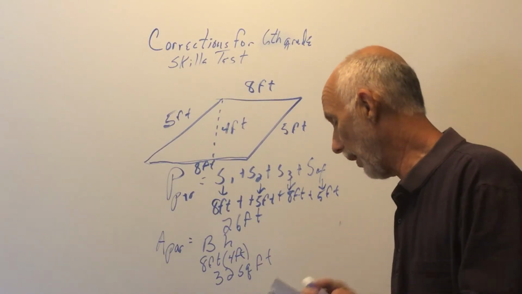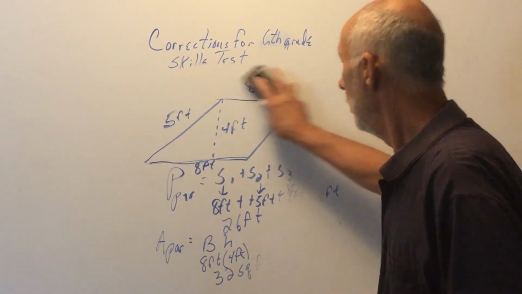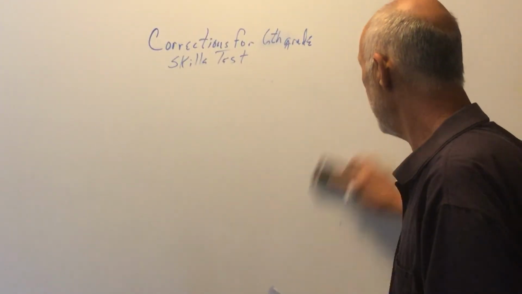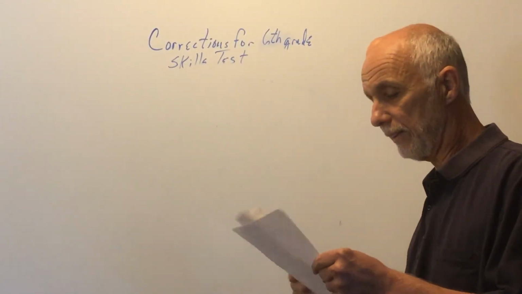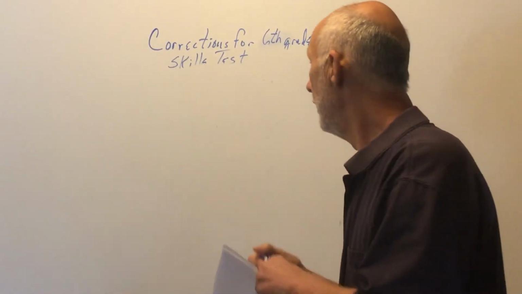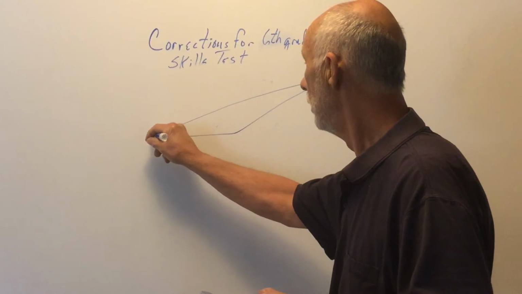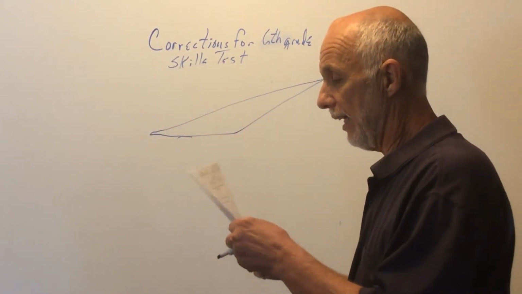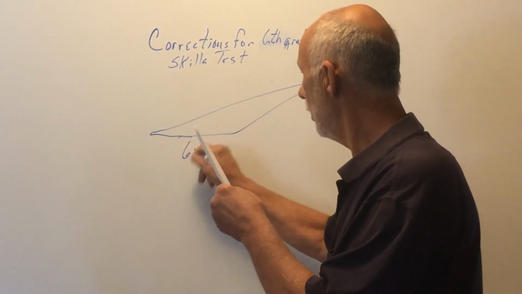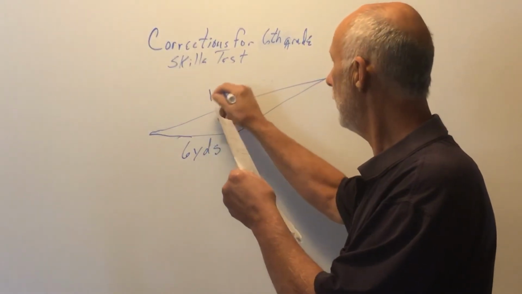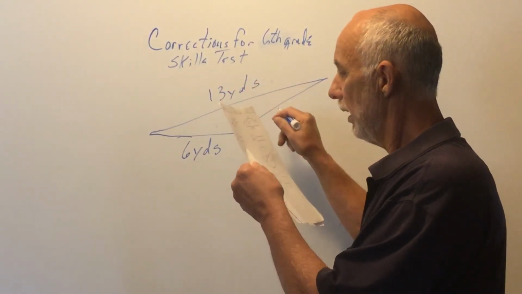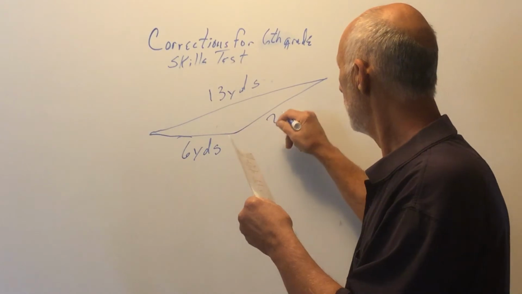Now, the next problem someone asked about was problem number 17. And 17 was an obtuse triangle. All right, and again, the sides were 6 yards, 13 yards, and 7 yards.